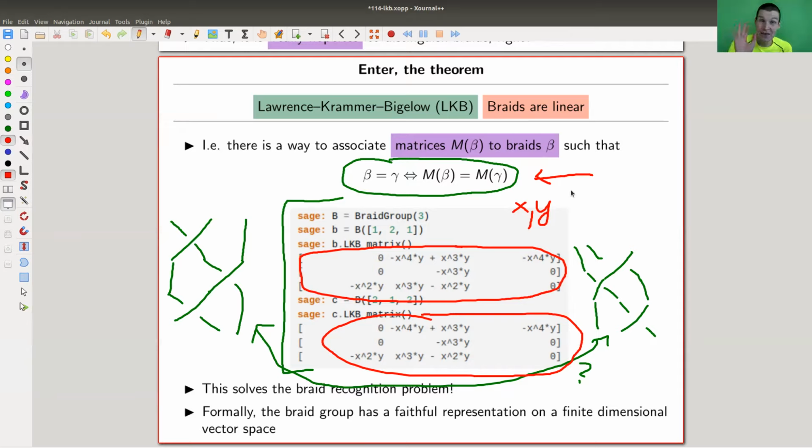And that is so ridiculously fantastic that I need to stress that once more, right? Complicated object, braids on one side, reasonably easy objects, matrices on the other side, and you can translate between the two and solve the recognition problem on matrices, which is fantastic. It really, really is totally amazing. It was a really huge breakthrough, as I said, about 20 years ago.